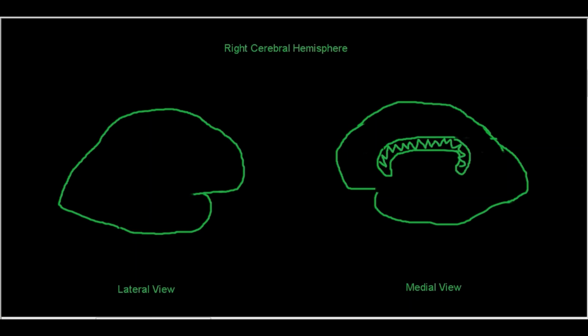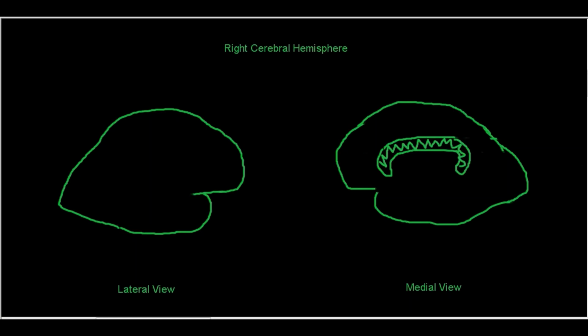As you can see on the left side, which is the lateral view, the surface has no distinct feature other than, of course, the sulci and gyri which we are about to draw. Whereas when we look at the medial surface or aspect of the cerebral hemisphere, the first most striking feature that we see is this C-shaped structure.